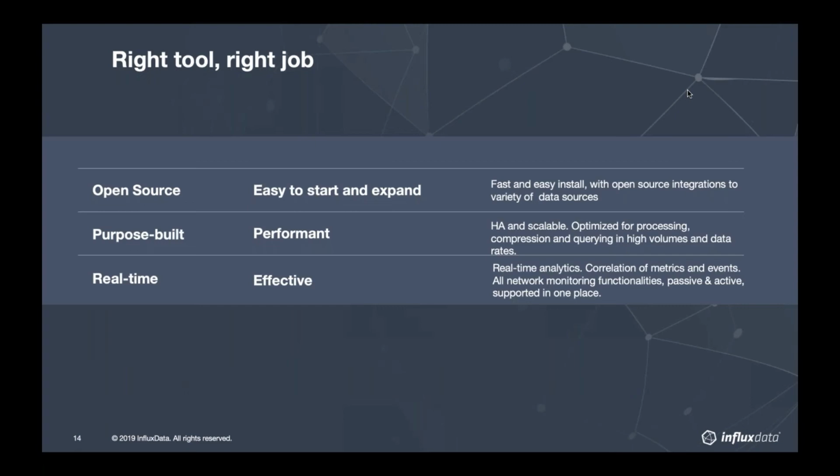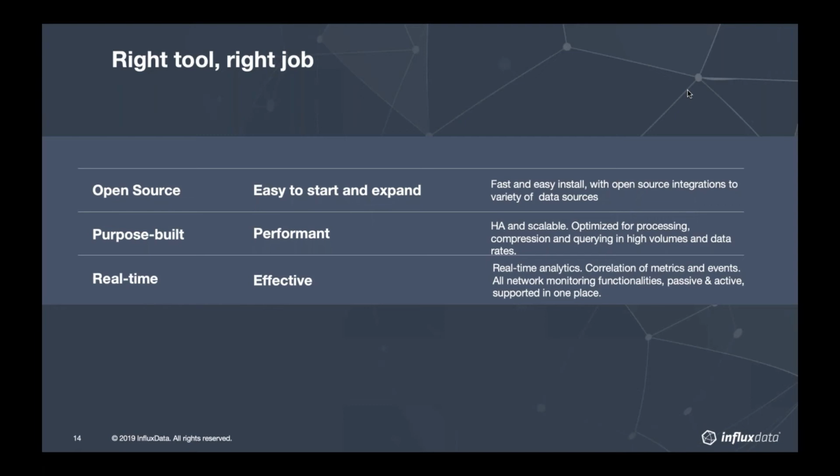So basically, you need the right tool for the right job. We live in a world of specialists. We have databases for everything: databases for documents, for graphs, for relational, contextual data. We have lakes for completely unstructured data, and we need specialists for time series. And these specialists need to be open source to give you the freedom to start and expand.